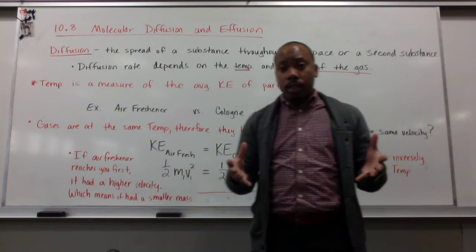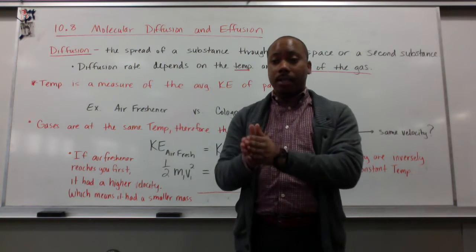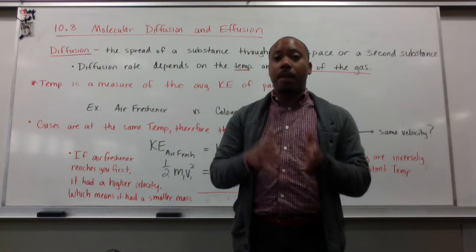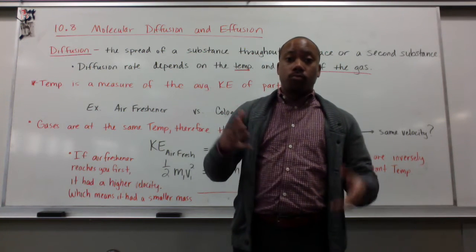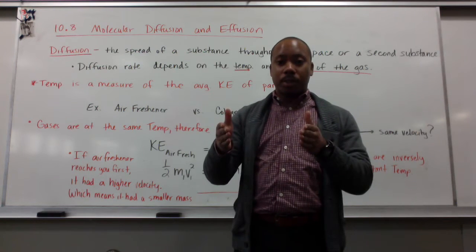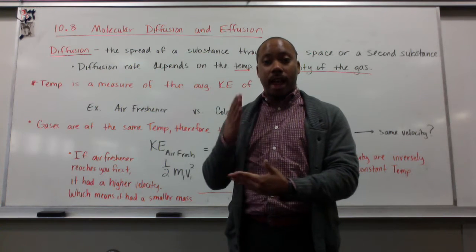And kinetic energy can be defined as 1/2 times the mass of that substance times the velocity squared of that substance. So, diffusion depends on temperature, temperature depends on kinetic energy, which depends on mass and velocity.